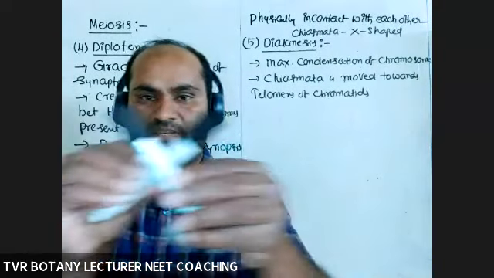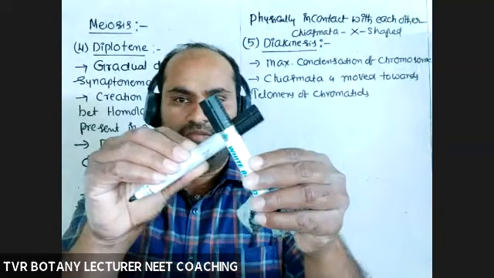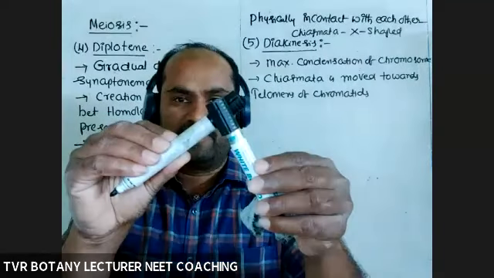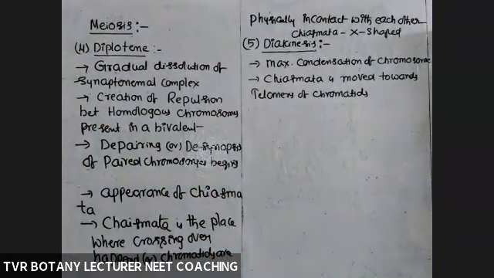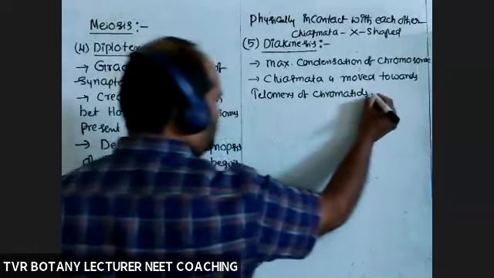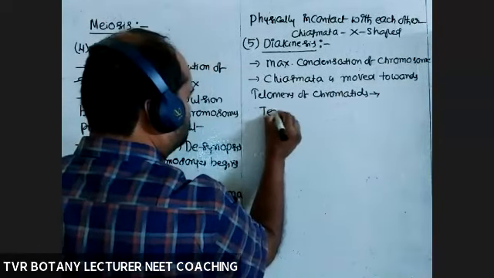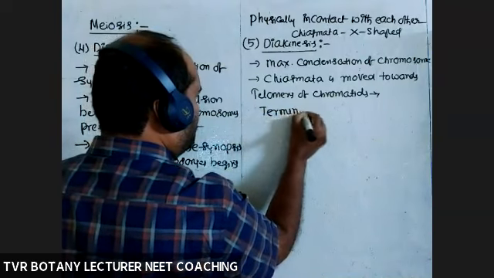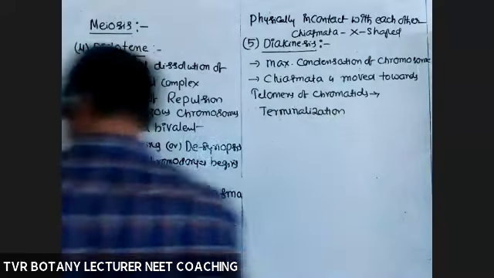Initially it is an X-shaped structure. Now gradually, because of condensation of both the chromatids, the chiasmata, the place of crossing over, moves towards telomeres. Chiasmata is moved towards telomeres. This movement is called terminalization.